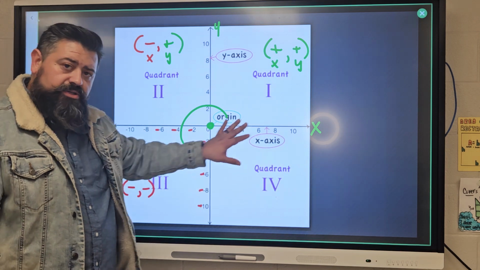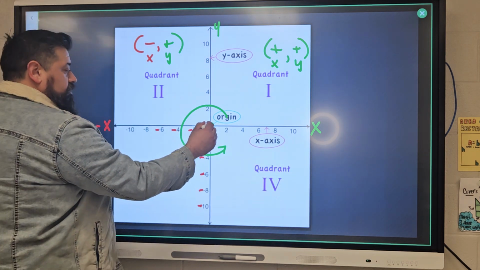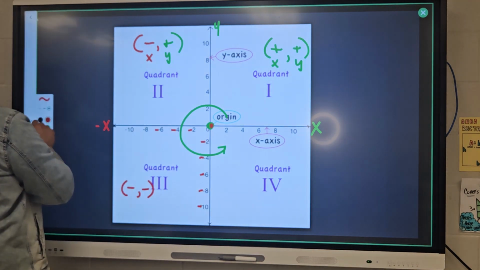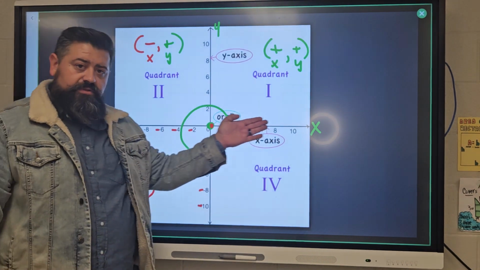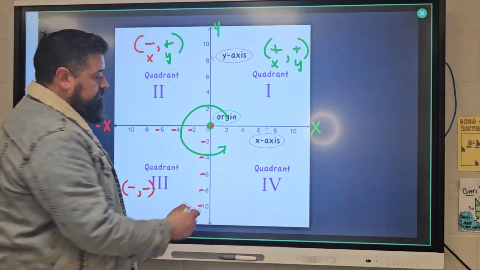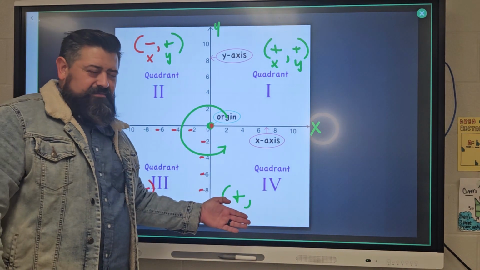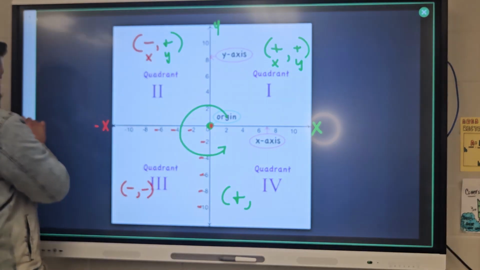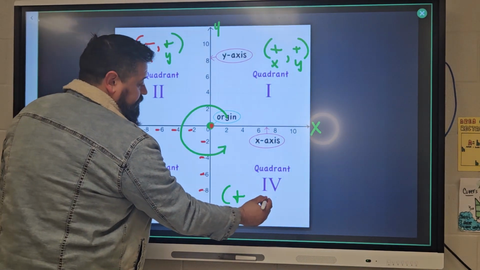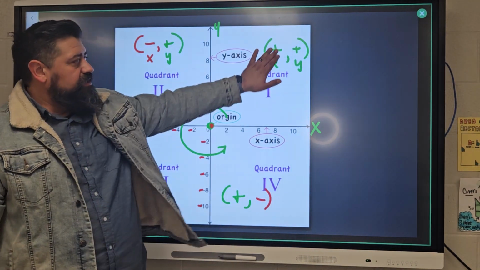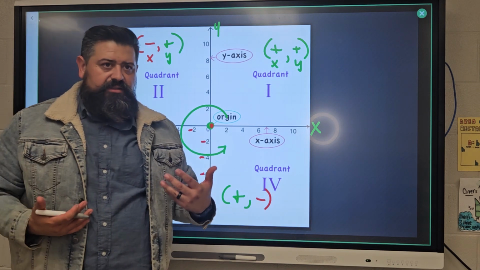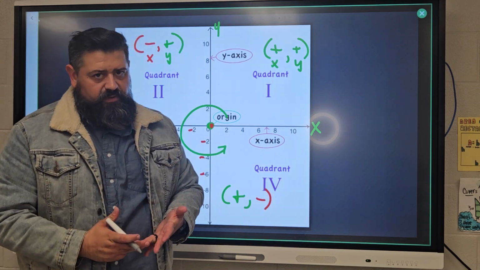In quadrant 4, you start right here and first go to the right, so that's a positive. But then you go down, and anytime you go down, remember that these are negatives. So these just represent how your numbers are going to look: positives or negatives?